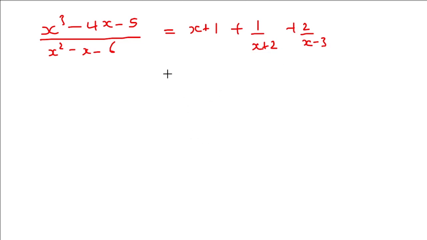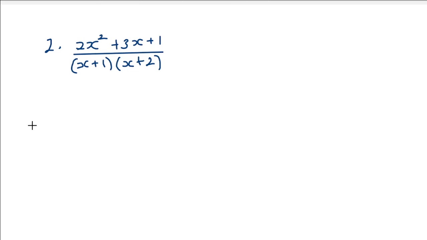Let's look at number 2. Number 2, we already found out that it is an improper fraction because the degree of the numerator is equal to the degree of the denominator. So we have to go to long division so that we reduce the fraction to a proper fraction and then a quotient.